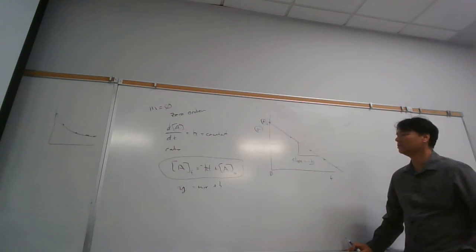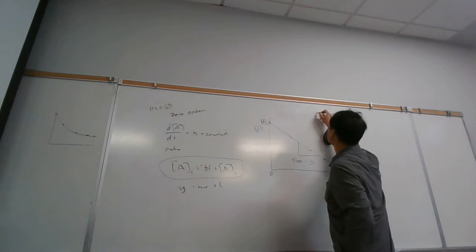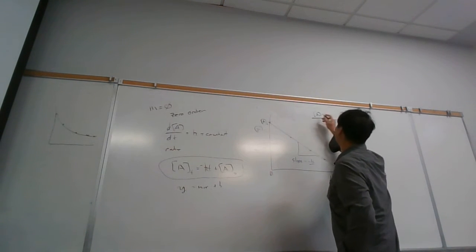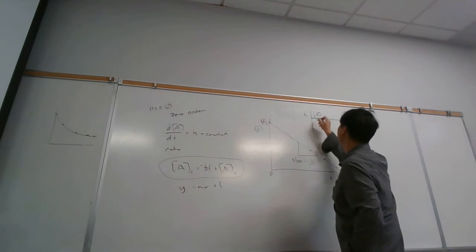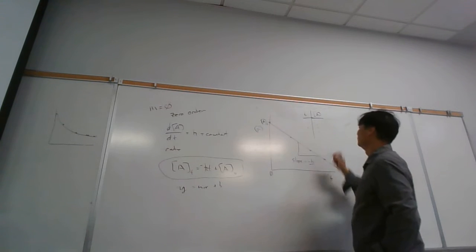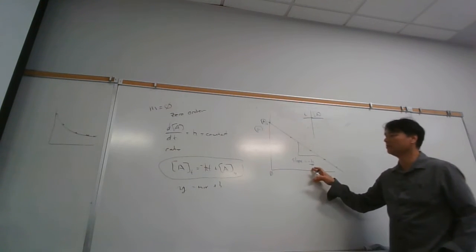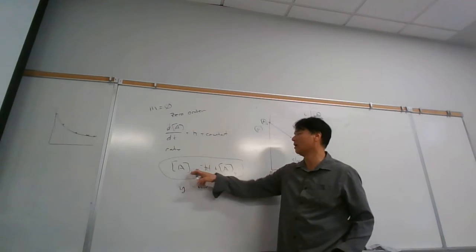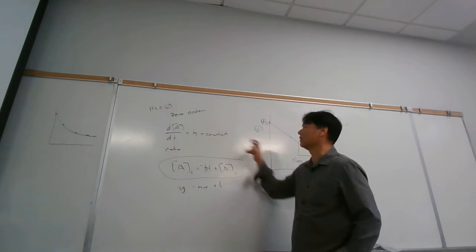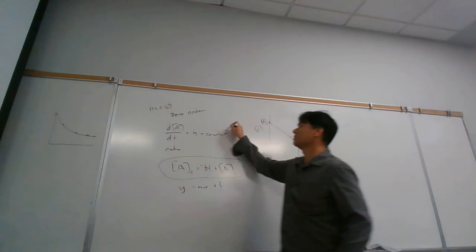And so typically what we'll do is plot out the time and concentration data, and then determine the slope. Once we get the slope, we'll have the full integrated rate law, and also the rate law. We can plug that in here. And this is only for zero order.